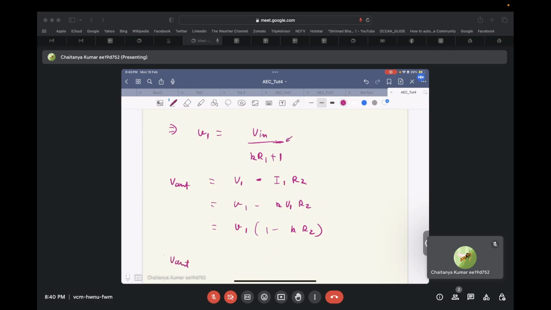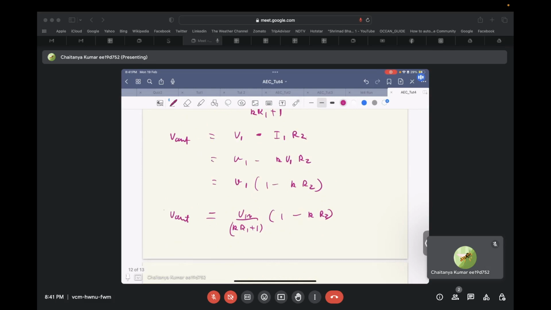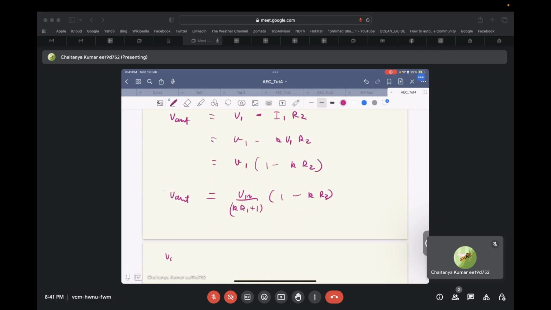So V out is equal to V in upon K R1 plus 1 times 1 minus K R2. So this is the value of V out by V in we get as 1 minus K R2 divided by 1 plus K R1.